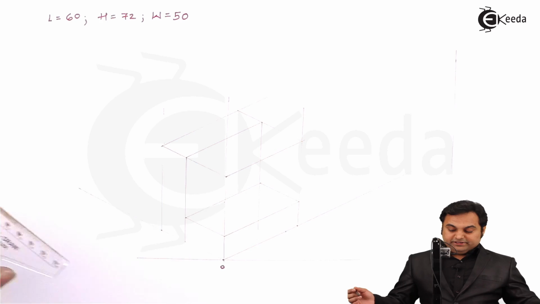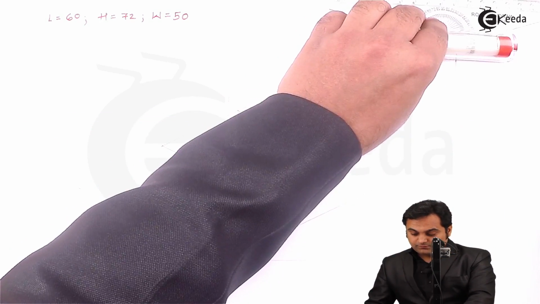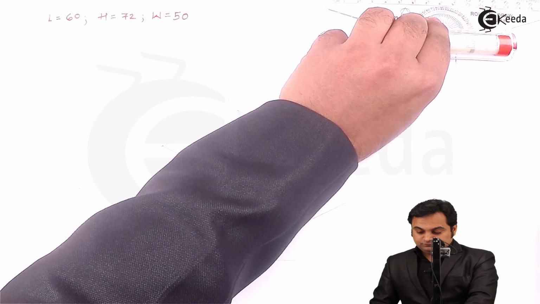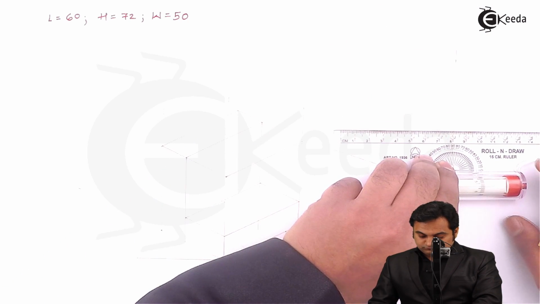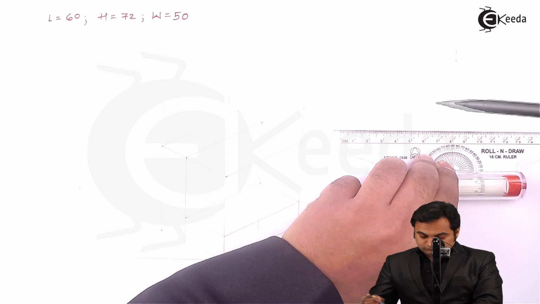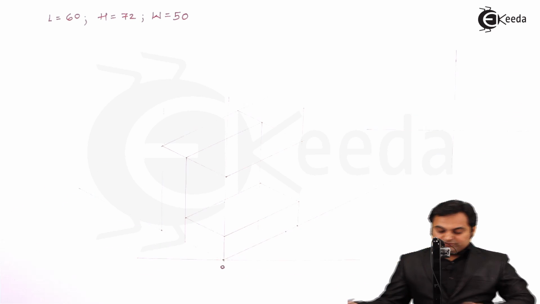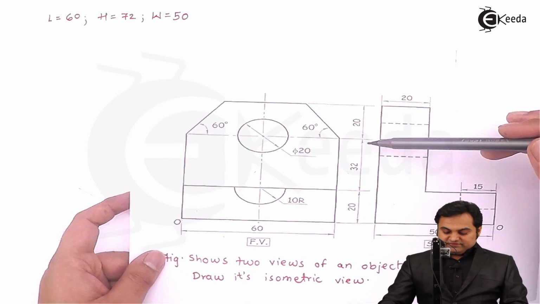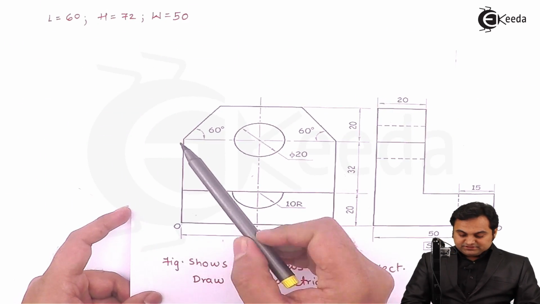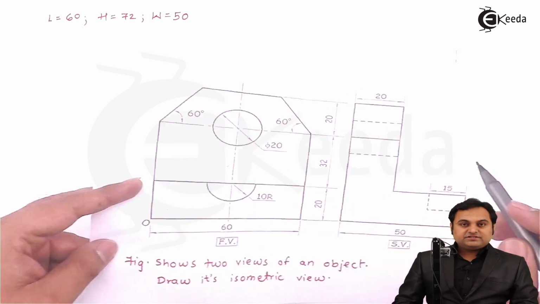Drawing a light vertical line. Next, a light horizontal line. Then this surface is having a height of 60 and its length, from this point to this point, is 60 mm.